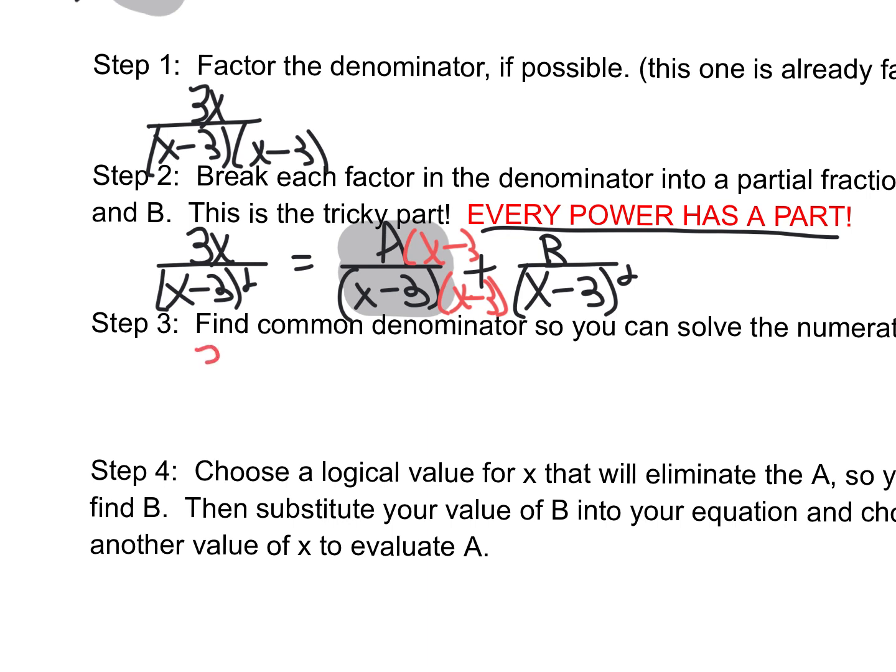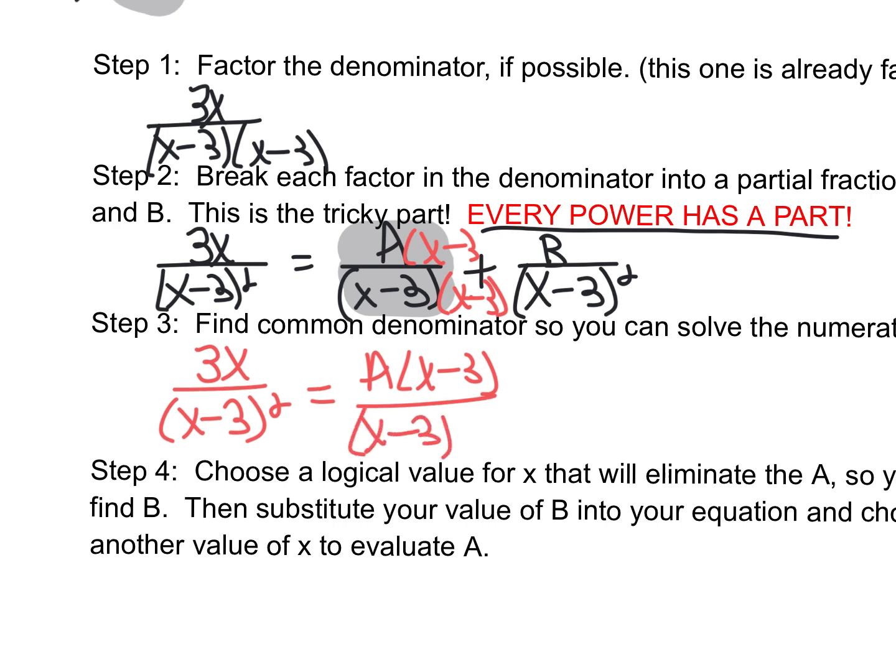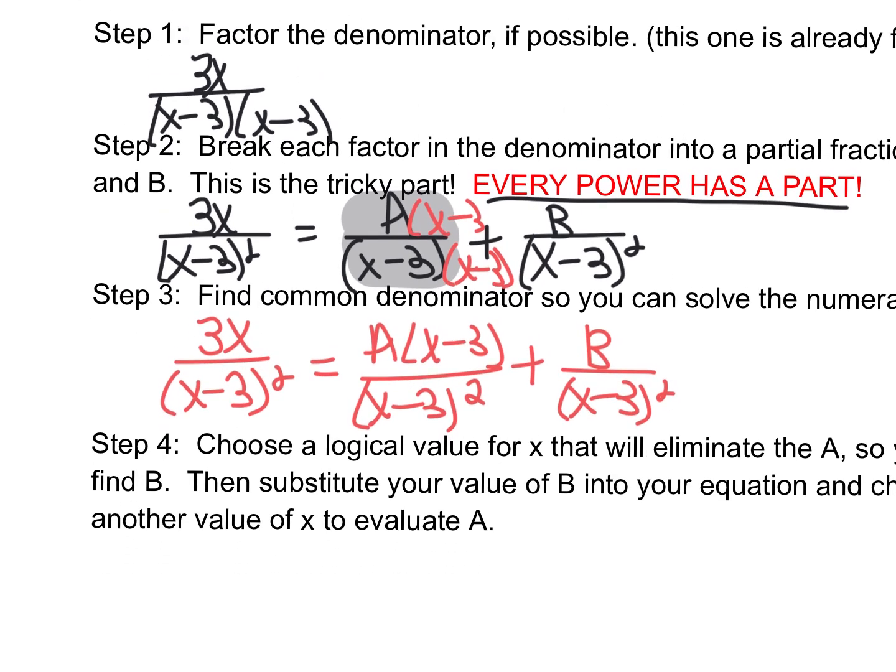So we would have 3x over x minus 3 squared equals a times x minus 3 over x minus 3 times x minus 3, which is x minus 3 squared, plus b, and we already had x minus 3 squared in there, so we're fine. So now we have it broken apart. We have a common denominator here, so now we are just exactly like before.